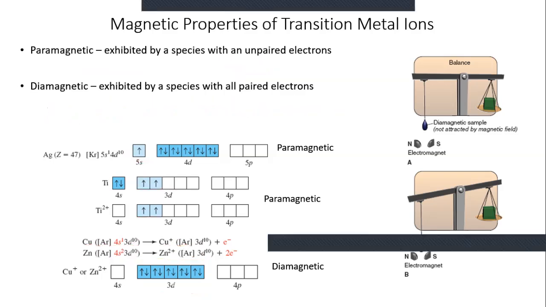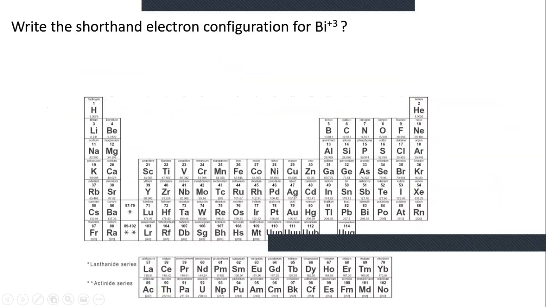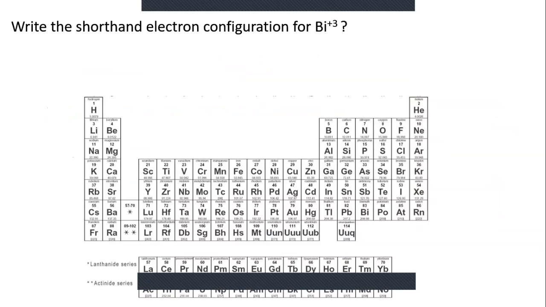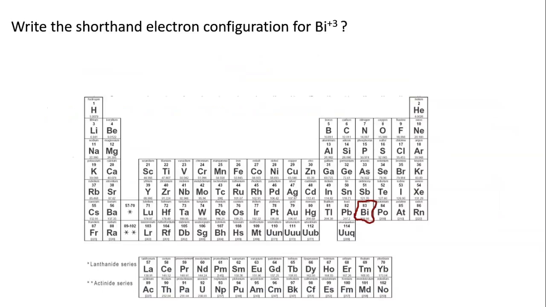So now let's look at some examples. Here we want to know what's the shorthand configuration of bismuth 3 plus. So bismuth is located here. The preceding noble gas to bismuth is xenon. So that's where we're going to start off in our shorthand electron configuration.